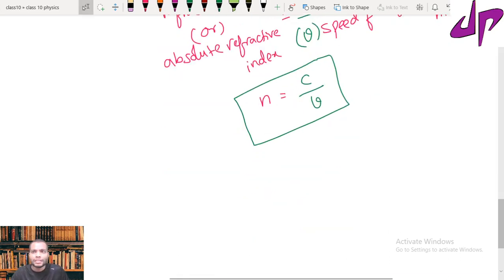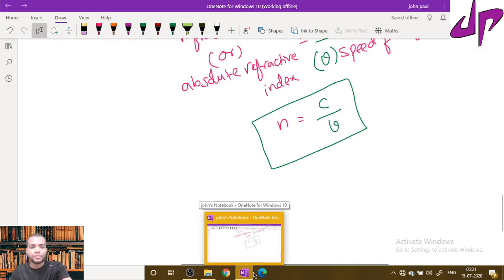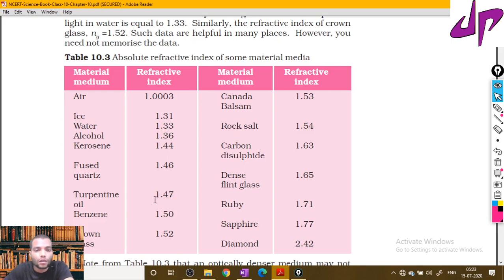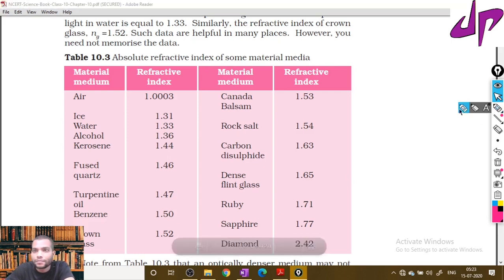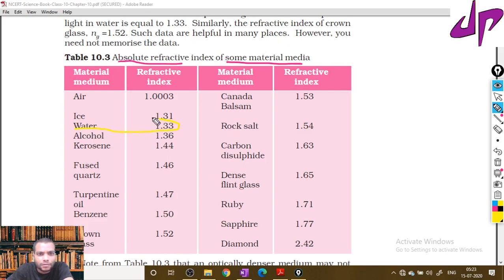Suppose you see NCERT, NCERT has a table. If you see this table from NCERT, table 10.3 gives the absolute refractive index of some materials. See, water equal to 1.33. That is the refractive index of water. What does it mean? You can write 1.33 equal to c upon v.